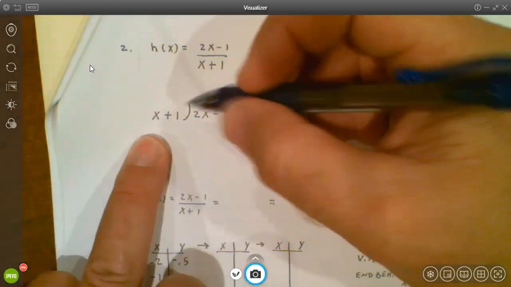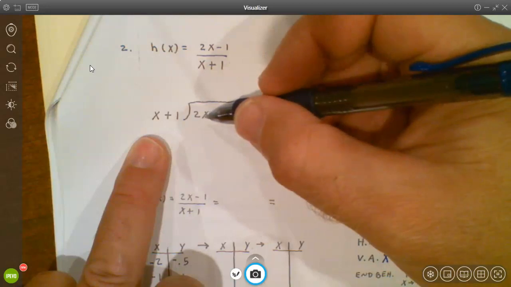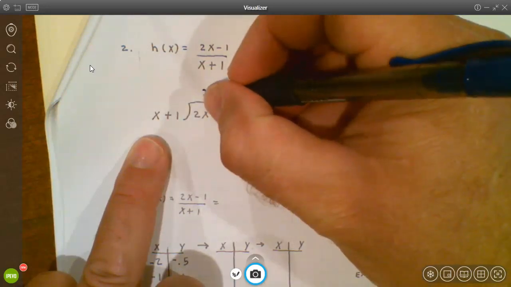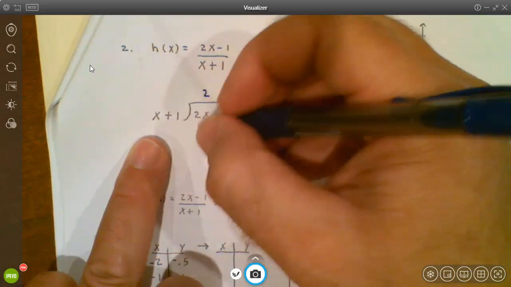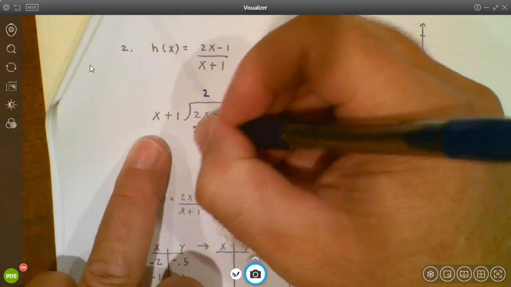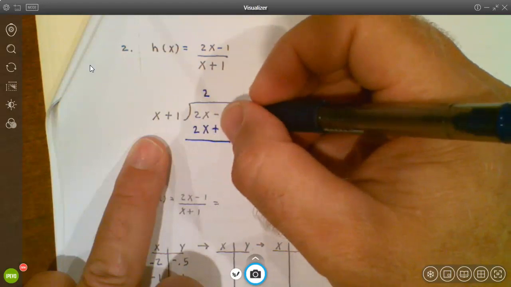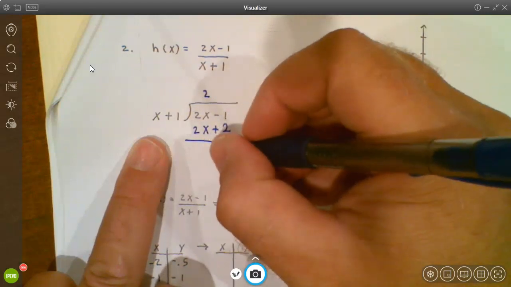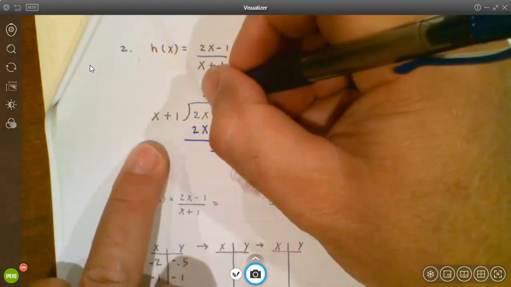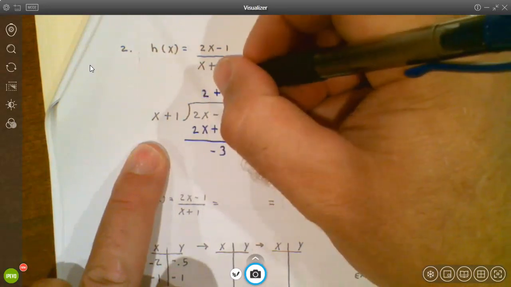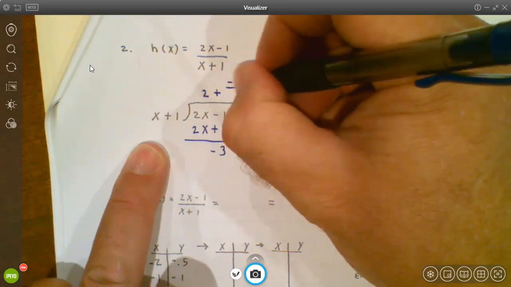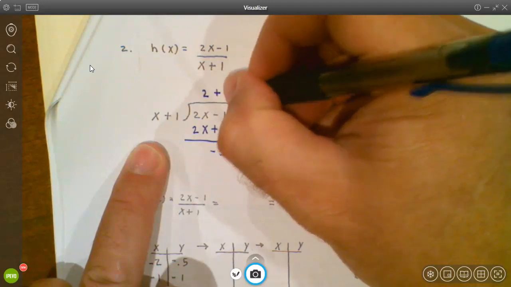So we would say, what would I multiply times x to get 2x? I'm going to take that 2 and multiply it back in, so it becomes 2x plus 2. We subtract. -1 minus 2 becomes -3. So there's our remainder. So I'm going to say plus -3 out of my divisor, which is x plus 1.